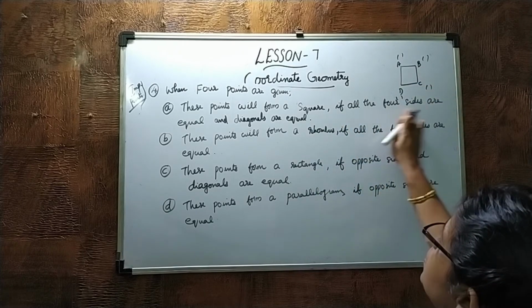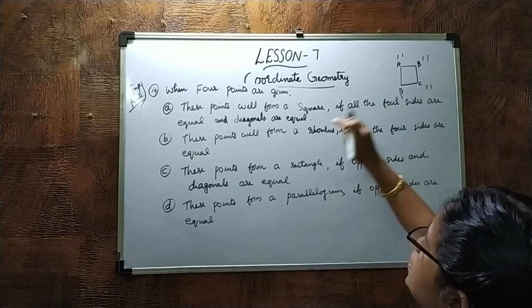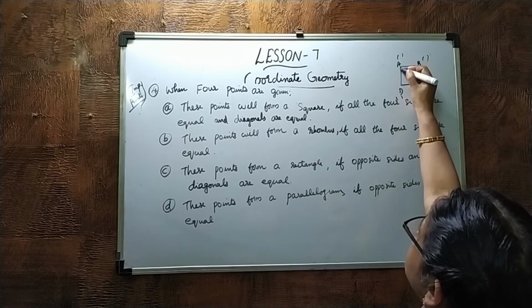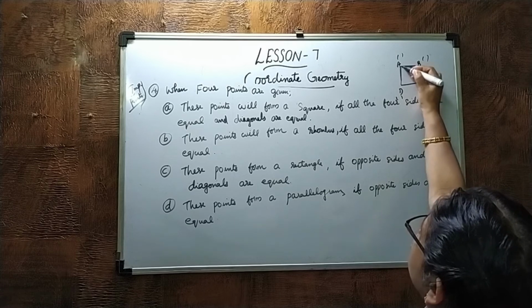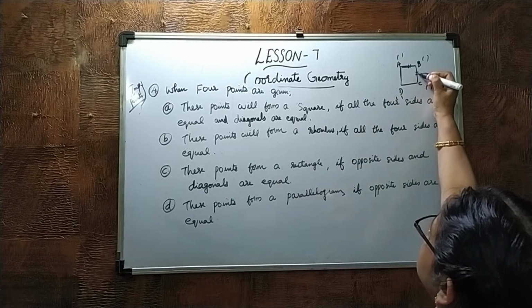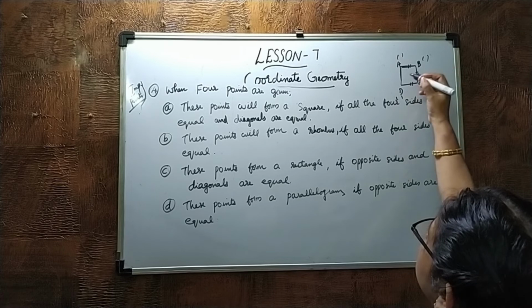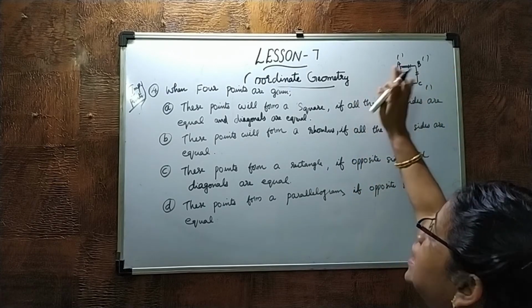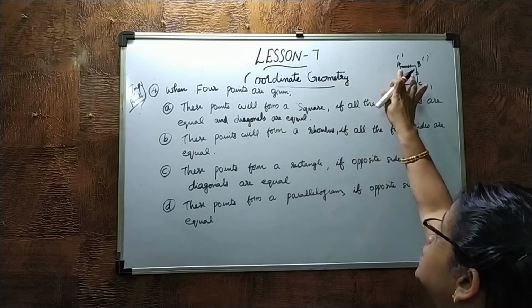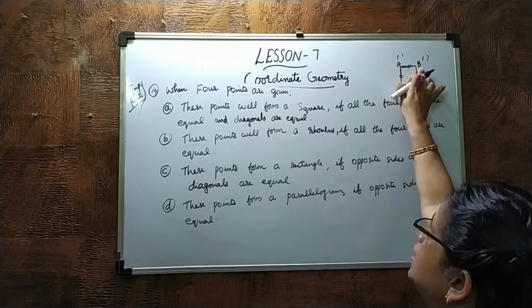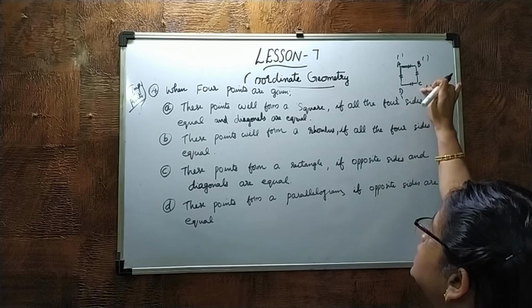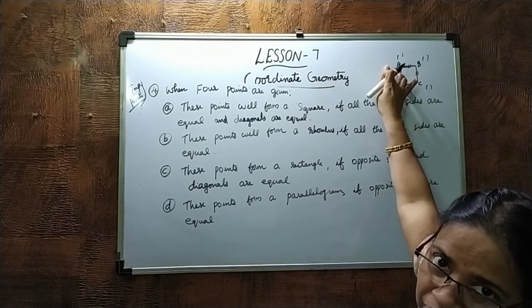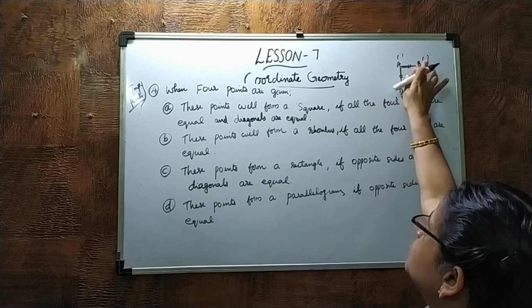If all the 4 sides are equal, AB should be equal to BC, BC equal to CD, CD equal to AD. Then how will you find out the sides? The distance between A and B, then B and C, then C and D, then D and A, right? So coordinates will be given.